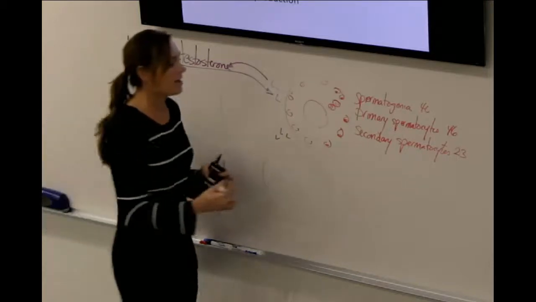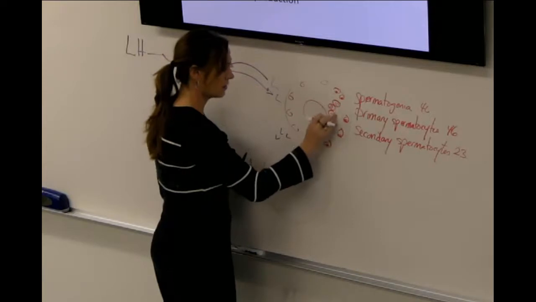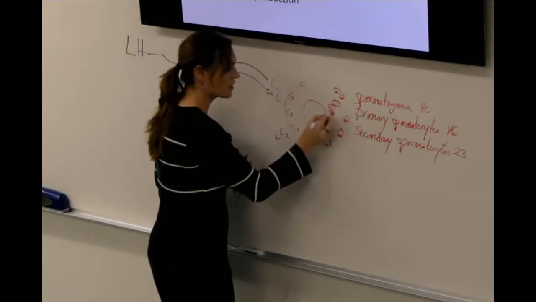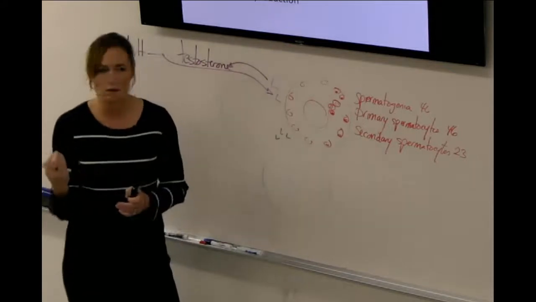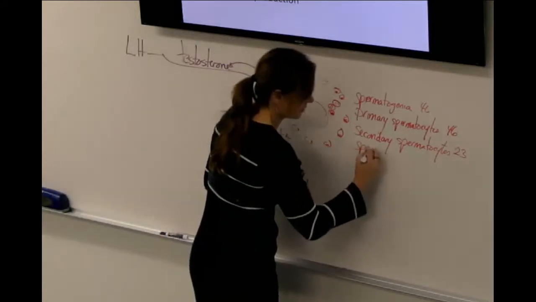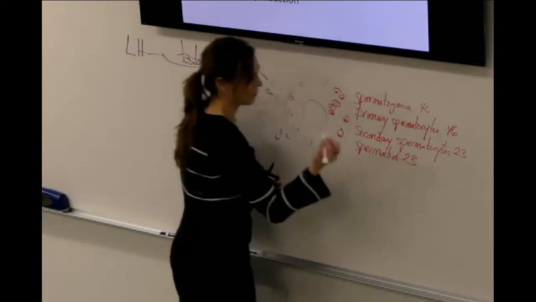So then we have these spermatids that are a little smaller. Make sure this one's bigger. So they're a little smaller, but you're going to start to see a dense nucleus, back to a solid black nucleus. That's also going to be 23 chromosomes.